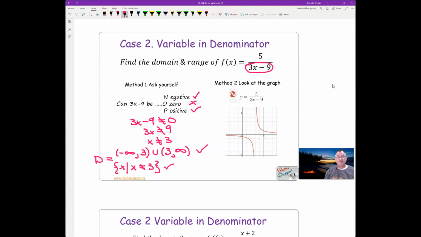Looking at the graph, I put this into Desmos, and I can see there's a vertical asymptote right here. That's the vertical line x equals 3. So you see that nothing on this graph would have an x-coordinate of 3.